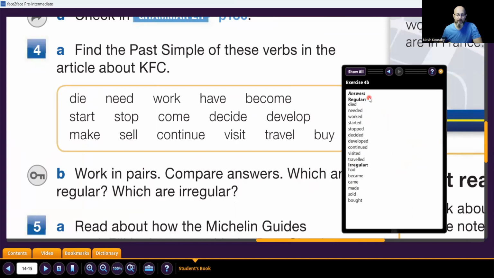Here we have the regular verbs, in different groups: stop, stopped, decide, decided, develop, developed, continue, continued, visit, visited, travel, traveled. Irregular: have, had, become, became, come, came, make, made, sell, sold, buy, bought.